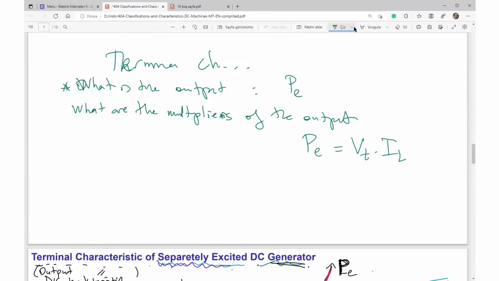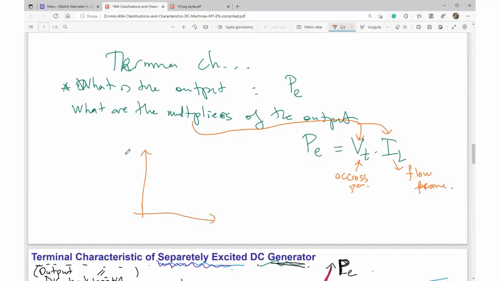So the multipliers are terminal voltage and line current. That is the across parameter, uç değişken. That is the flow parameter, iç değişken, the flowing thing. Terminal characteristic is the relation of the output across parameter versus the output flow parameter. If you draw this relation, you will have the terminal characteristic of any machine.